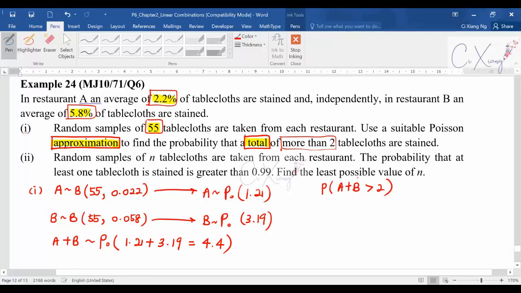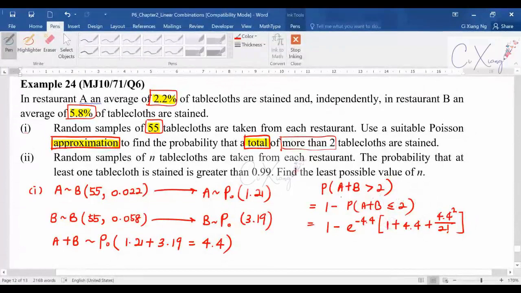So you have 1 minus the probability of A plus B smaller than or equal to 2. Then you take 1 minus e to the negative lambda times: the first term is always 1, the second term is 4.4, and the third is 4.4 squared divided by 2. I stop at 2 because that is the number I want. Just press the calculator and you should get 0.815.